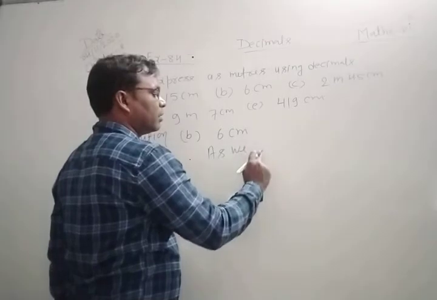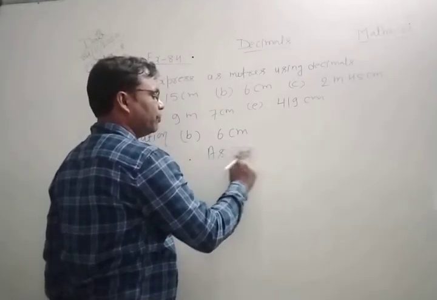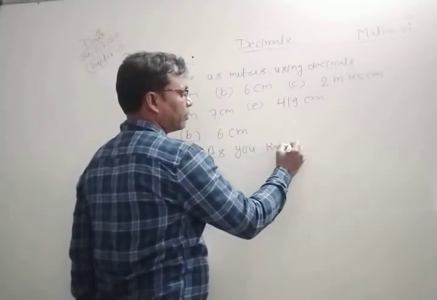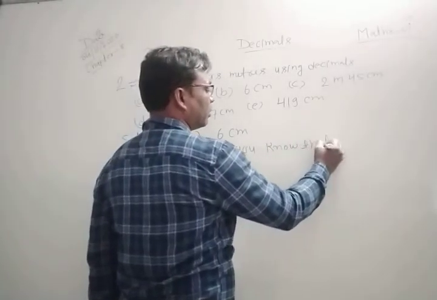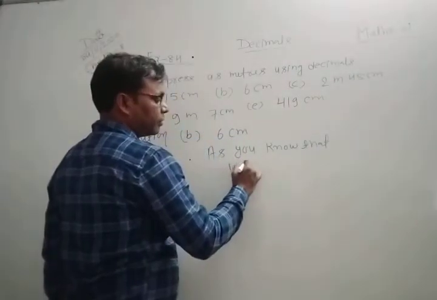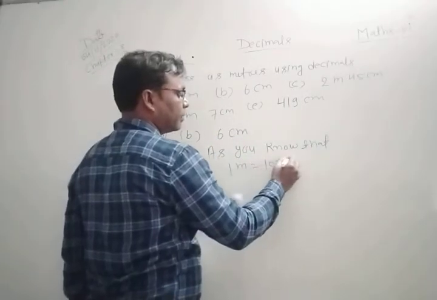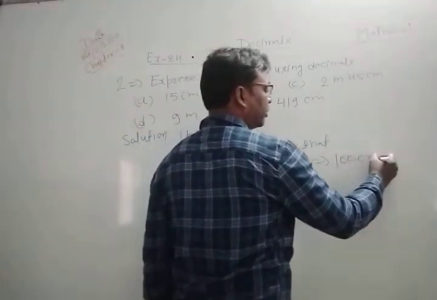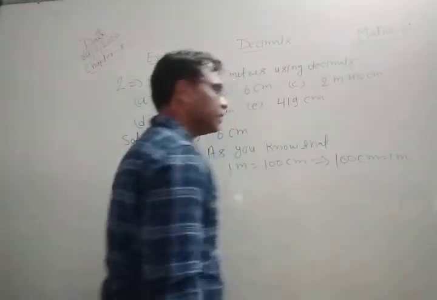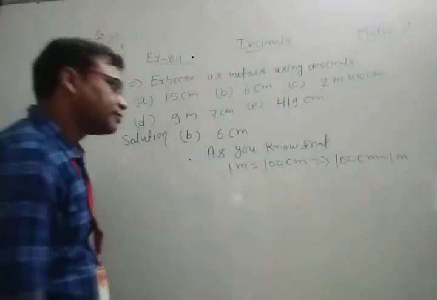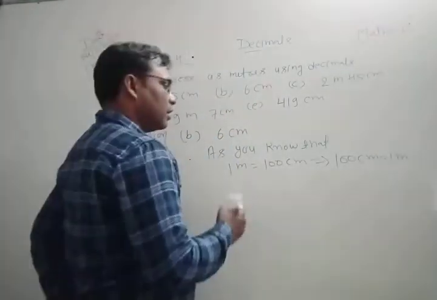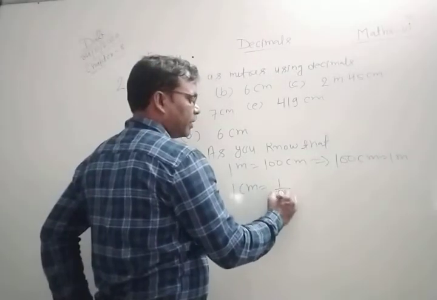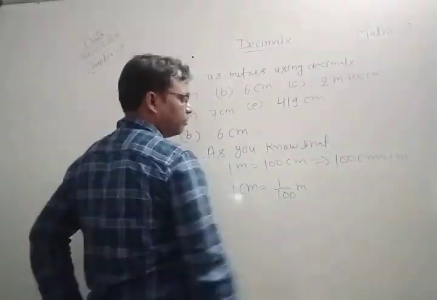As you know that 1 meter is equal to 100 centimeter, or also you can write 100 centimeter is equal to 1 meter. Or you can say 1 centimeter is equal to 1 upon 100 meters.